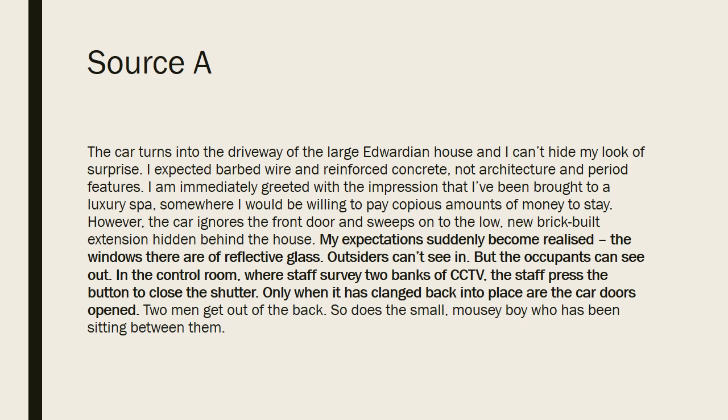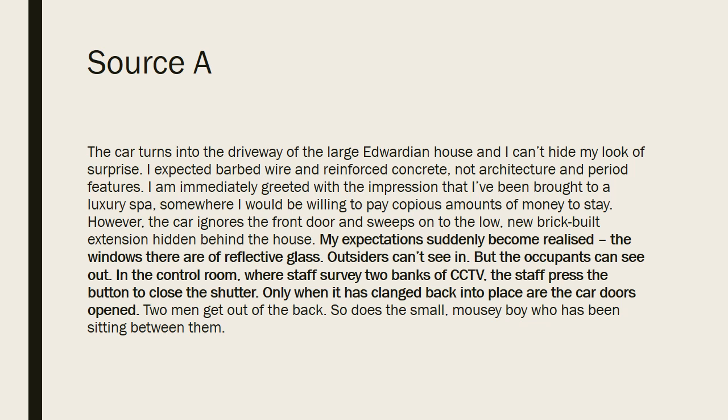Staff press a button to close the shutter, and only when it's clanged back into place are the car doors opened. Again, more about his expectations. Lots of CCTV. He's notably telling us there's 2 banks of them, not just one. So all over the place there's CCTV. They're very careful about closing a shutter and keeping people in place.